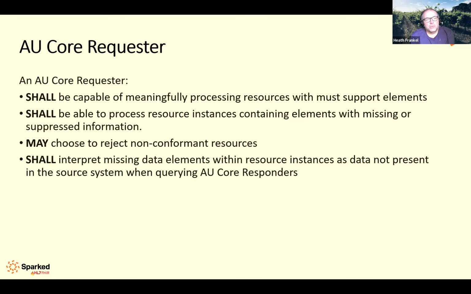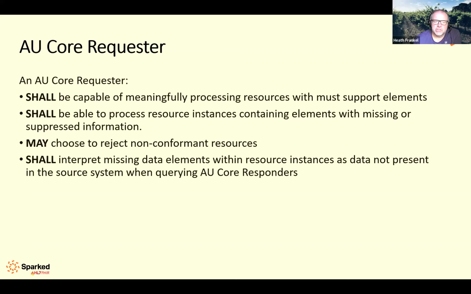On the requester side of things, we get a little bit more vague, in my opinion. We are capable of meaningfully processing resources with must support elements, and able to process resource instances containing elements with missing or suppressed data, so those extensions, for example, or unknown codes.